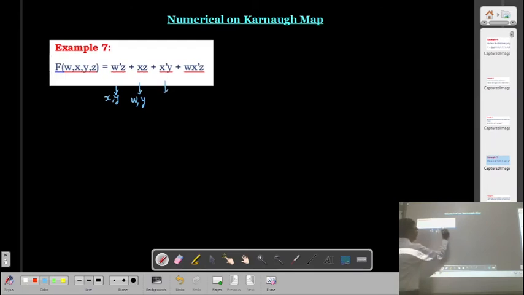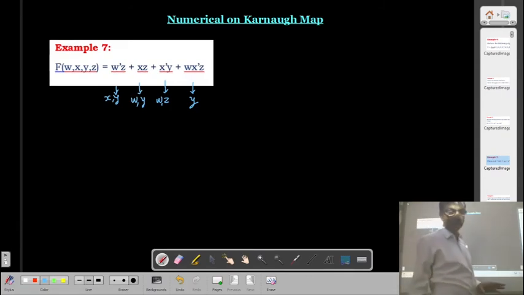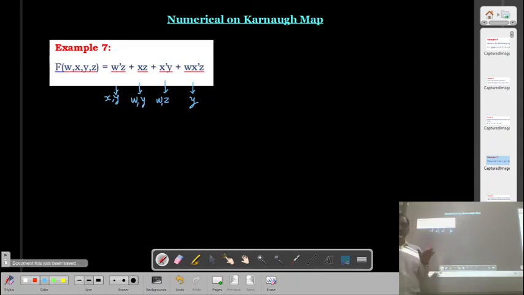In this case, x, y is there, but the w is not present and the z is not present. And here if you look at this, w, x is there and y is not there. So a number of variables are missing, and that we have to add. And you have to convert into a canonical form.